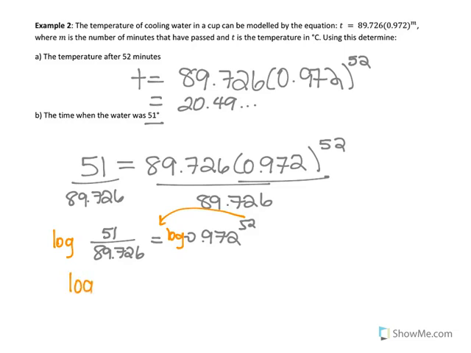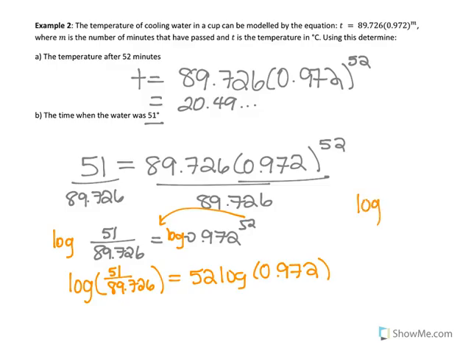So I have the log of 51 over 89.726 equals 52 times the log of 0.972. So you just learned your first logarithm rule. Anytime you have a log of a base b to the power of x, you can rewrite it as x times log b.